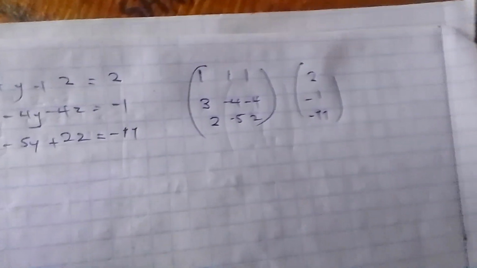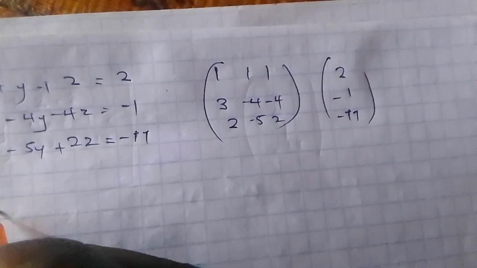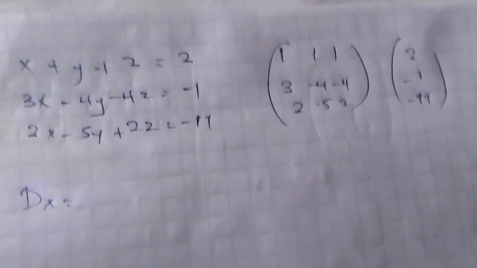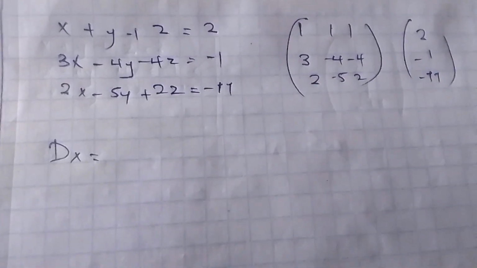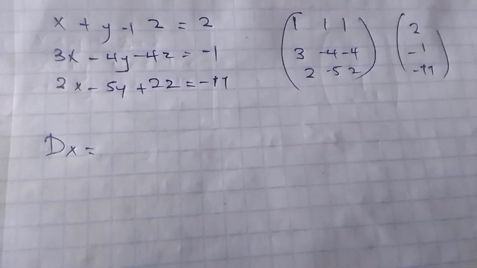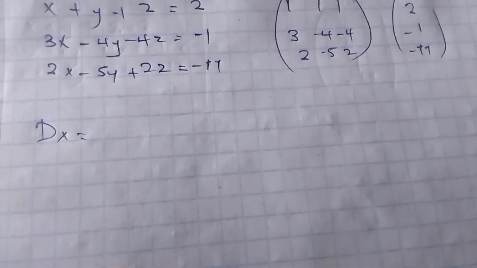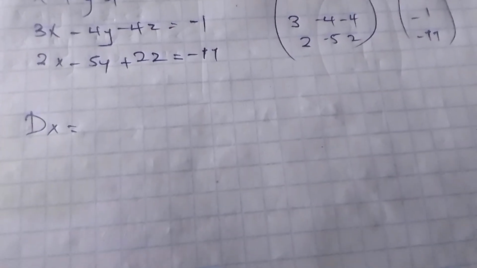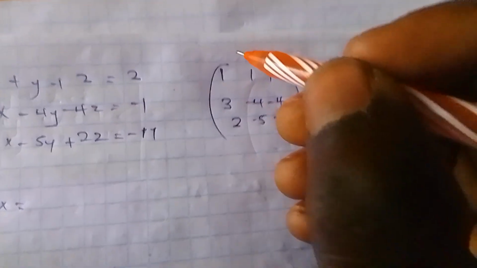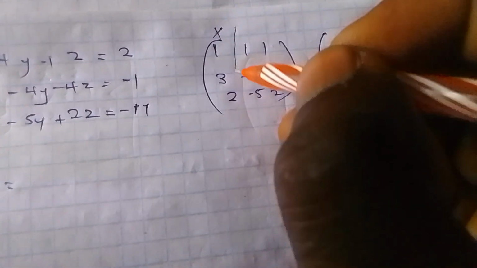So we want to find the value of dx, and we say that dx is the determinant obtained by replacing the respective column by the output column. This column is our x.